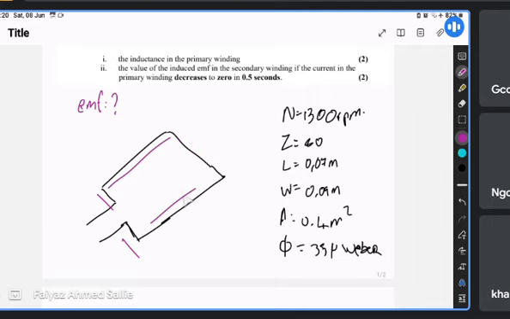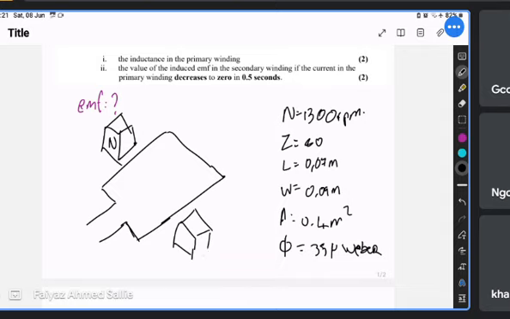So let's draw this thing, get rid of these ones. So we know that inside an electric motor, we have a magnet. So we have a north and a south, and then we have a current moving through this wire. And then it says we have an armature with 80 windings, right?